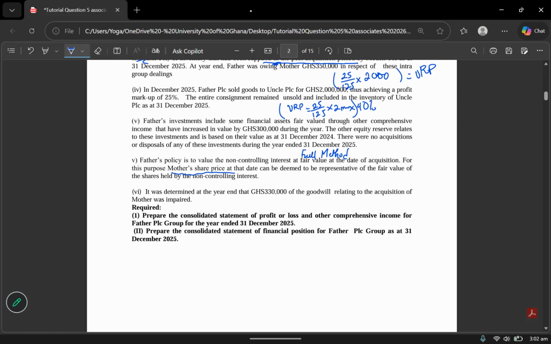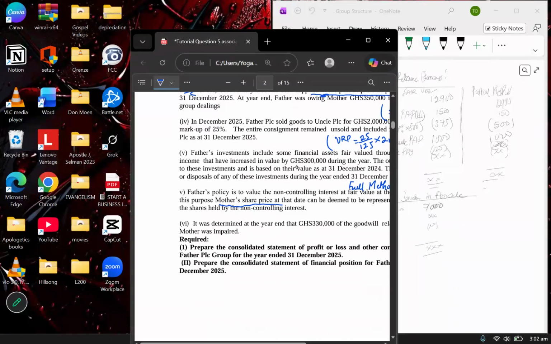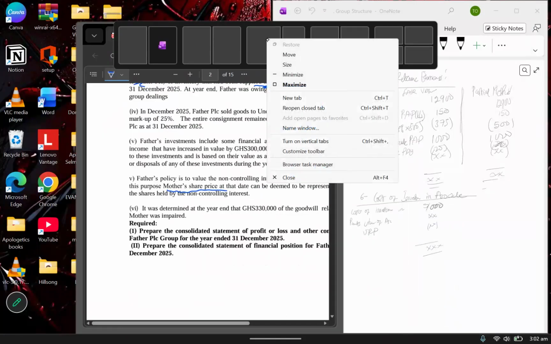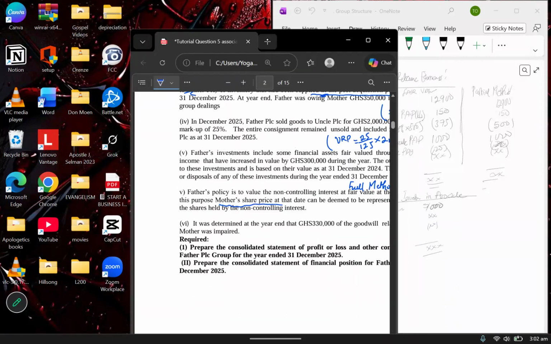Okay, in that case, since you are using the full method, you can go ahead and treat the impairment in the net assets computation.